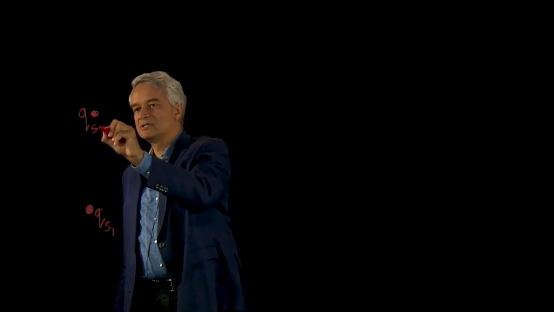So we've seen what happens if I have a source of charge here. We've seen what electric field it creates. But what happens if I have more than one source of charge? Suppose that's only the first source of charge. Suppose there is somewhere over here another source of charge, which I'll call qs2.